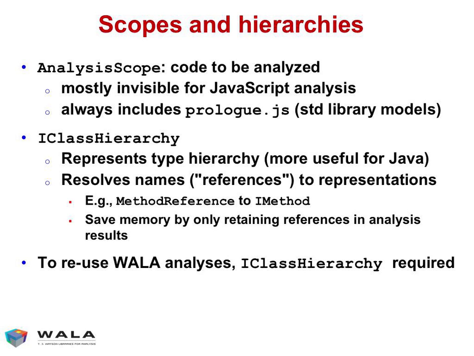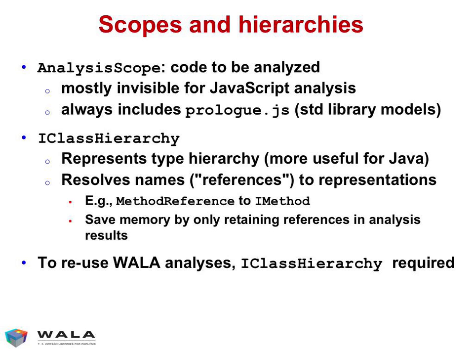When you're analyzing Java, this would contain all the different jar files that you want to be available, and you'd probably have to deal with this data structure more. But it's not too visible for JavaScript analysis. One thing I'll note, though, is that we have models of the standard JavaScript libraries, which are themselves written in JavaScript. So in particular, there's this file prolog.js, which models the JavaScript standard library. And that will always be in your analysis scope, along with whatever scripts you want to analyze.